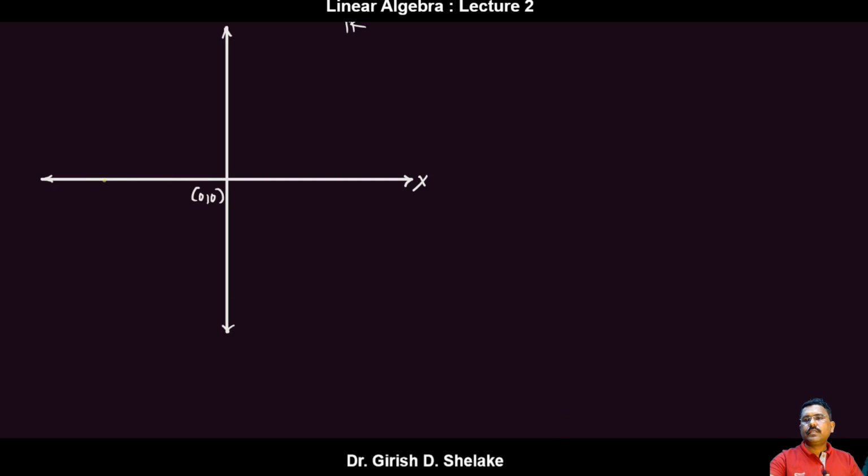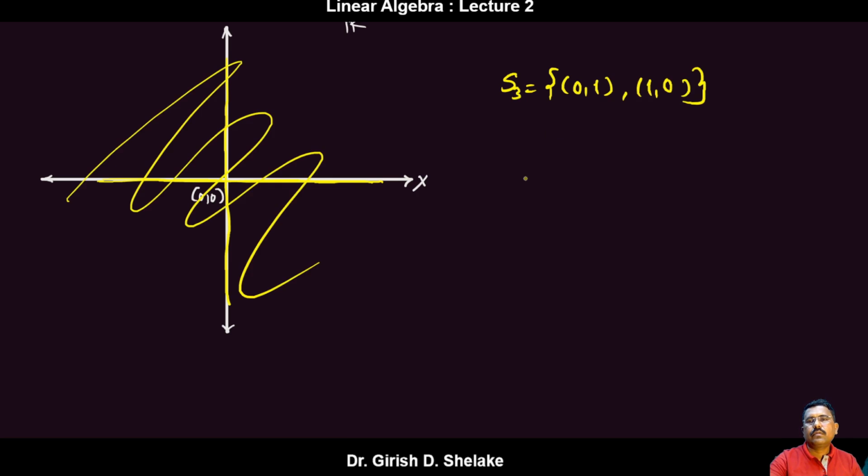Thus, the linear span of S1 gives us the whole x-axis, and the linear span of S2 will give us the whole y-axis. Okay, and then finally we have S3, which contains the ordered pairs (0, 1) and (1, 0), and if we consider its span, it will give the whole space R2. This space R2 is the linear span of S3.